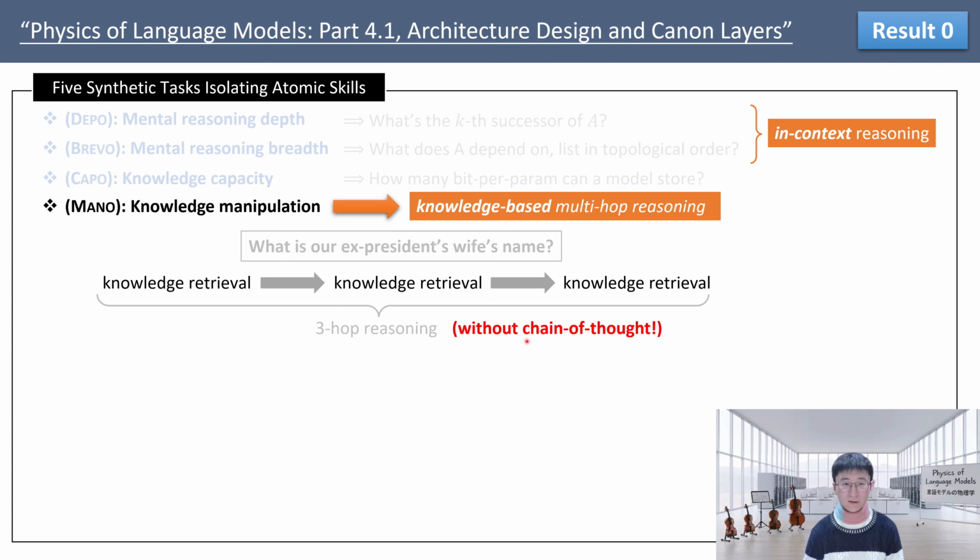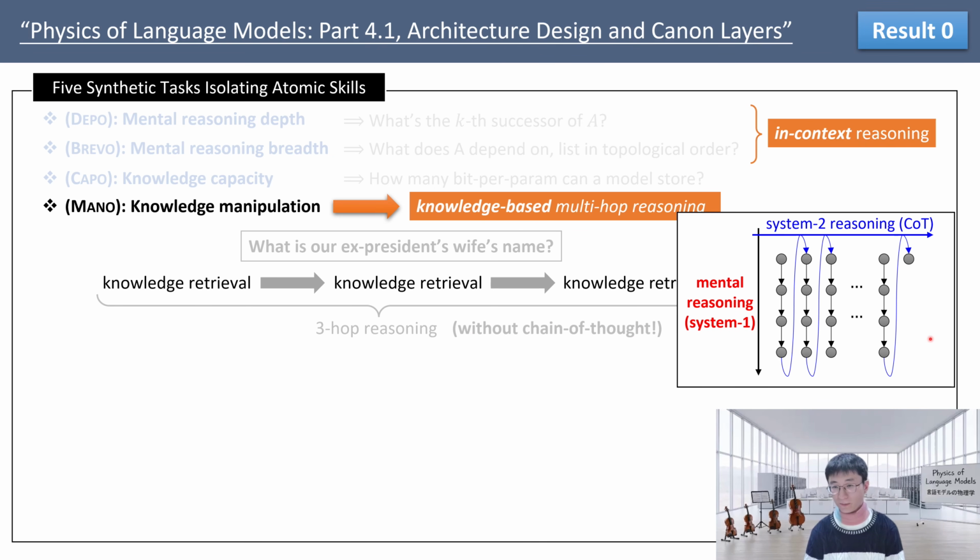Once again, we want to study the model's capability on knowledge manipulation without chain of thought. If you remember this picture, if you do chain of thought, then even if the task is three-hop reasoning, the model can just do the three hops one by one, and it boils down to knowledge capacity. All you need to do is retrieve the knowledge three times.